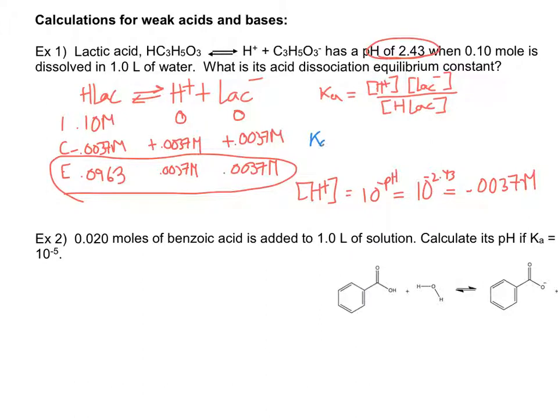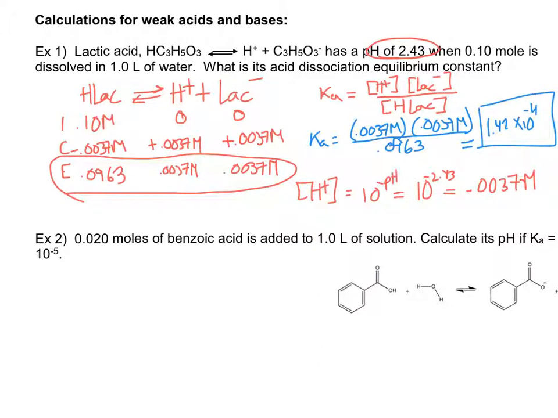So my Ka is going to be 0.0037 molar times 0.0037 molar over 0.0963, which gives me a Ka of 1.42 times 10 to the negative 4th. And that's my answer. Let's try another one.